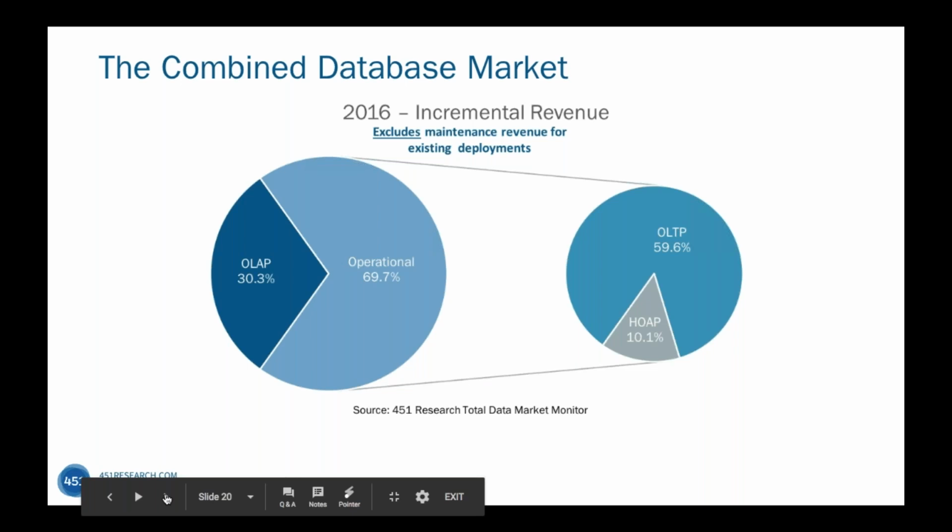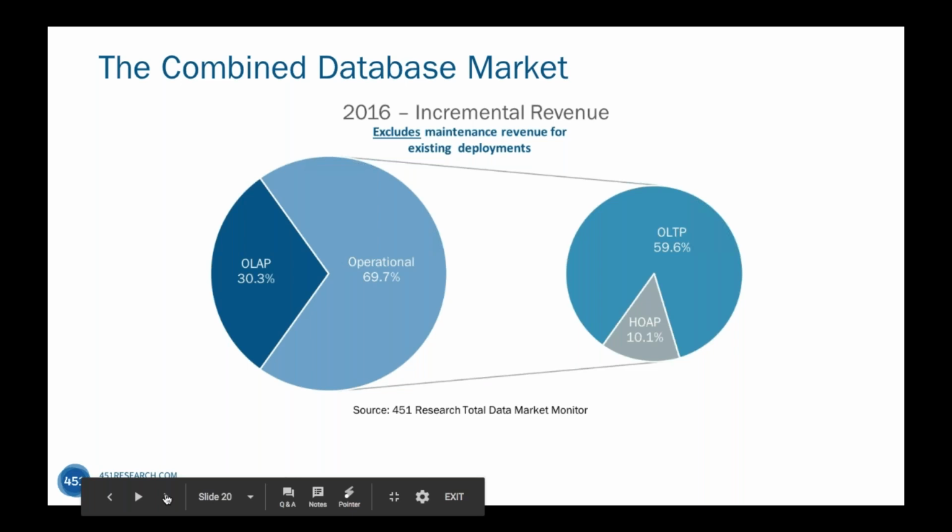And if we take a look at the numbers, then it looks a little bit different. So we've got, again, OLAP around 30%, operational, the majority of the market, but HOAP now up around 10% of actually new database revenue in 2016. So already, quite a decent size of the market.